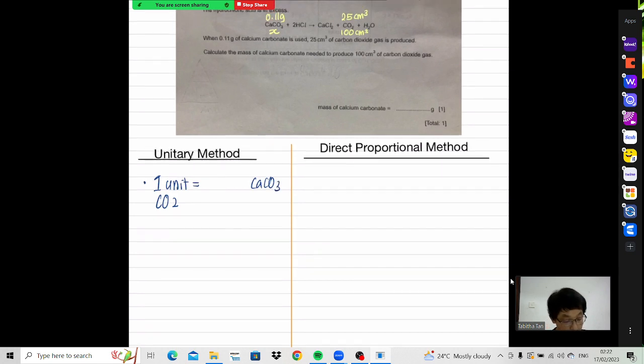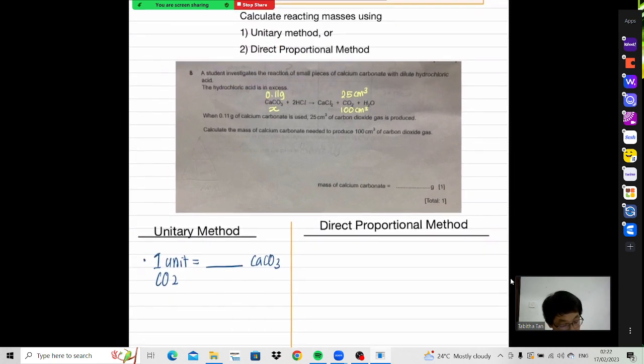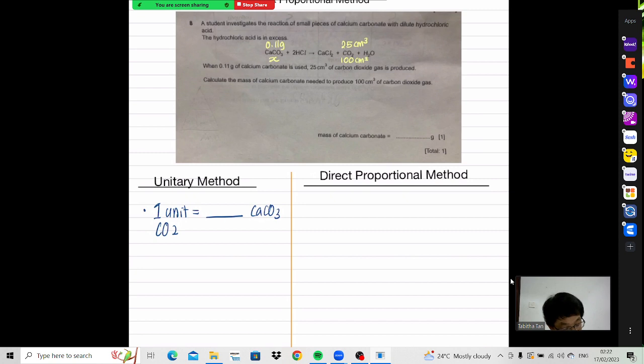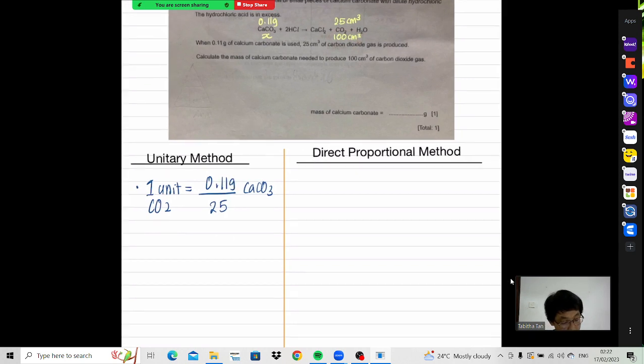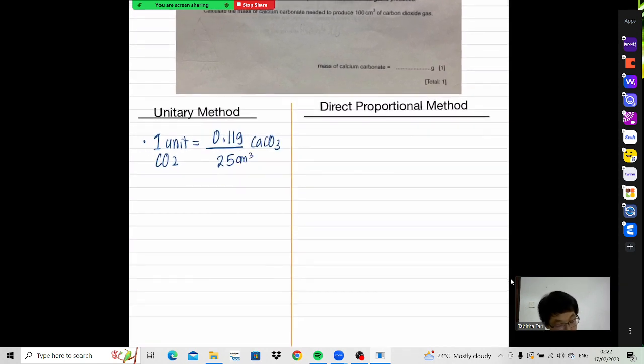Let me pause here and you have a think: what will you put as the denominator? Who will you divide with? I'm sure you have made up your thoughts and got your conclusion. You divide by 25, because you are referring to carbon dioxide, and how many grams do you use? 0.11 gram. So this much per unit of carbon dioxide.